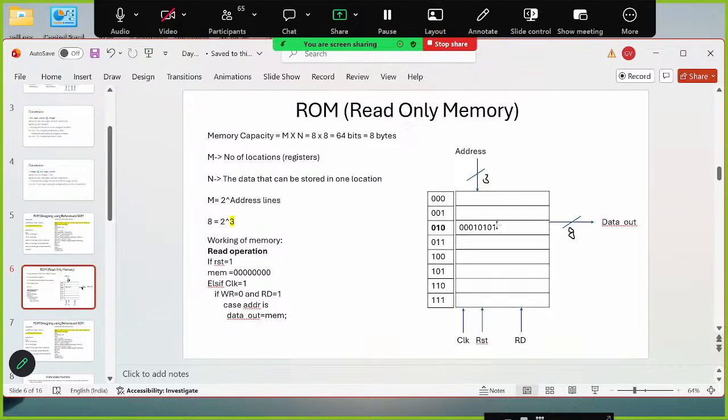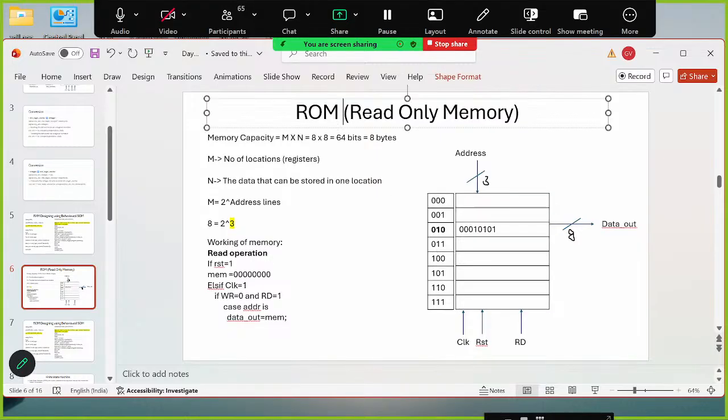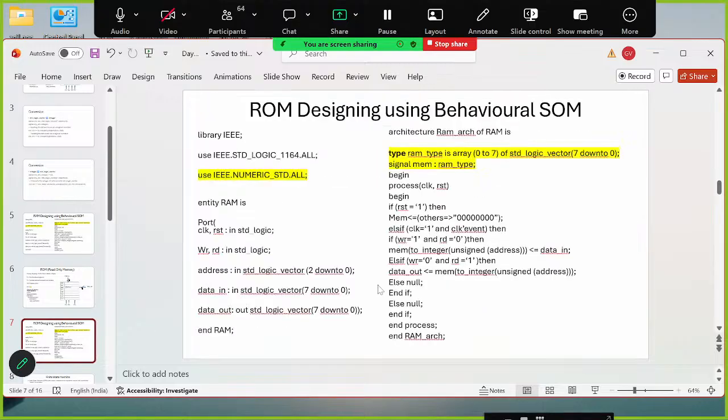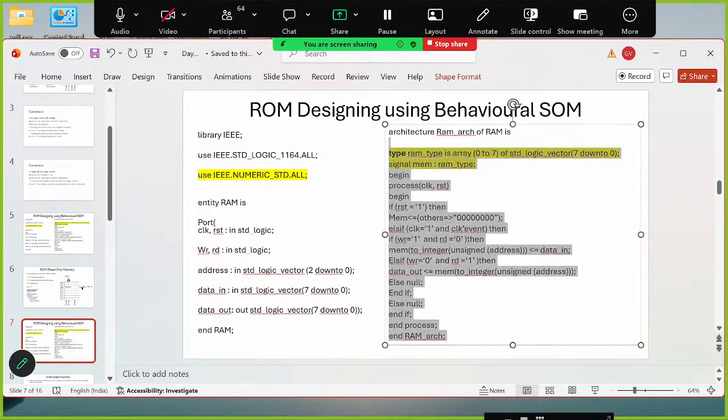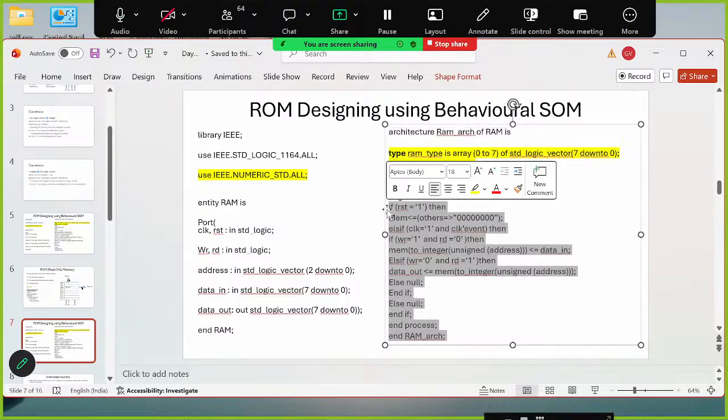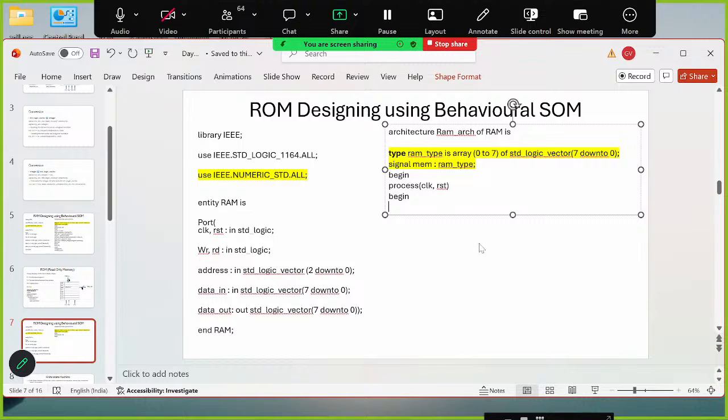Okay. We are assuming that we have some data already present in this. I hope you can do it easily. So this is an assignment for you. You need to write a similar type of program, but I am removing the architecture. You need to write your own architecture.